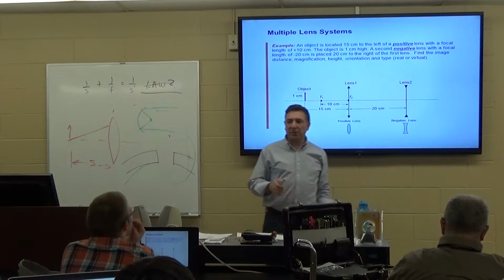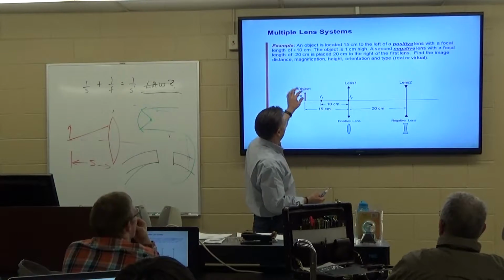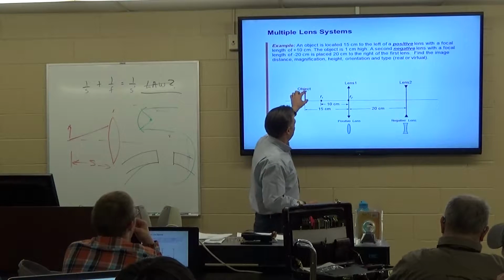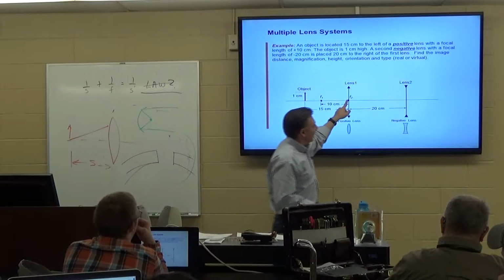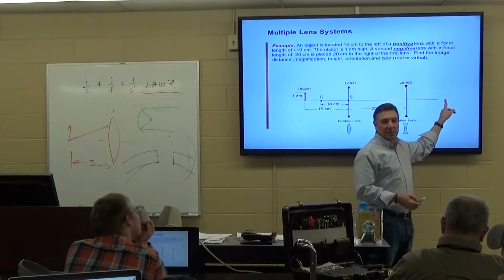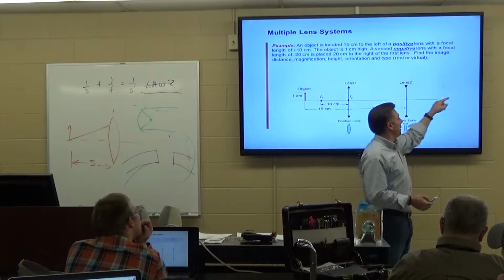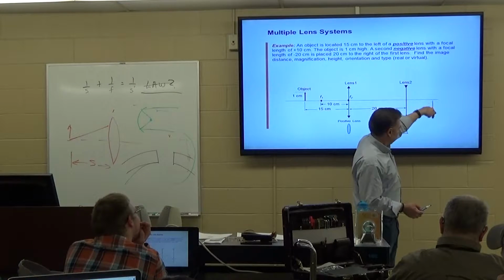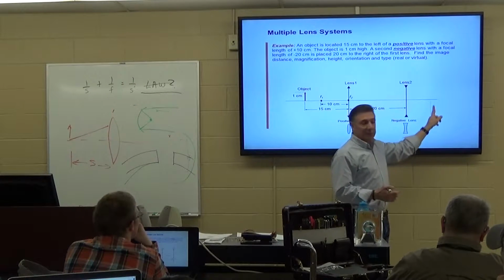And sometimes this screws people up a little bit, because in this situation, for example, I may have an object over here, and if I move it close to the focal point, that object will form an image that might be beyond the location of the second lens. So what happens if my first lens creates an image that's beyond the second lens?